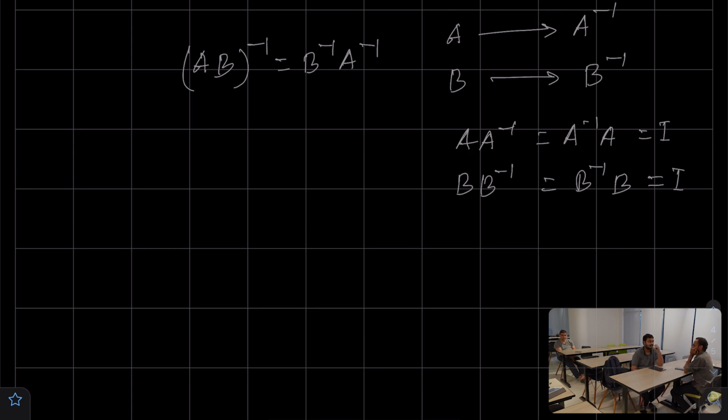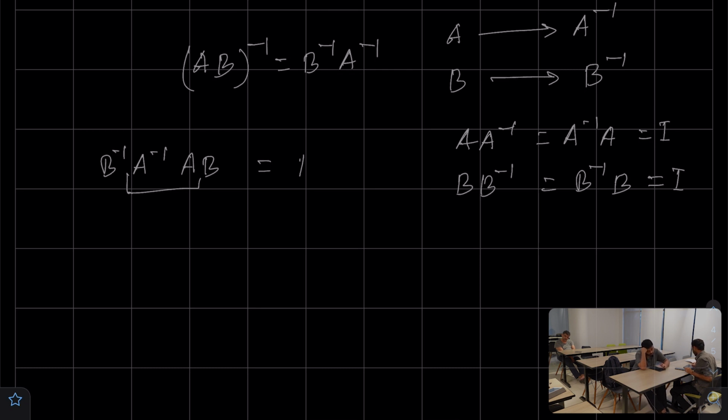You can simply multiply. If I check the left multiplication, this is B inverse A inverse times AB. I can multiply these, and which property of matrix multiplication did I use here? Yes, associative.